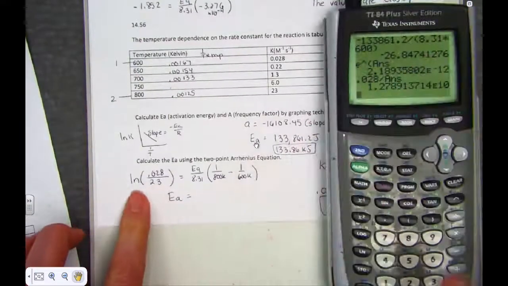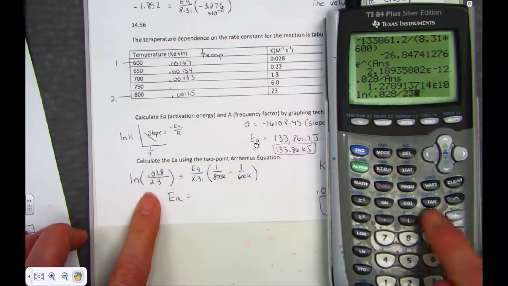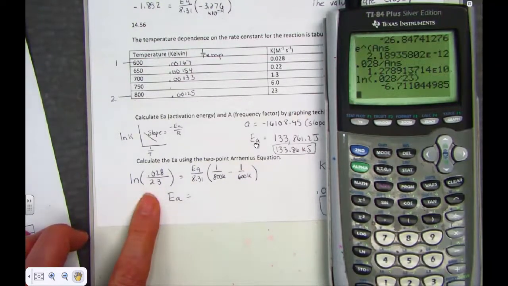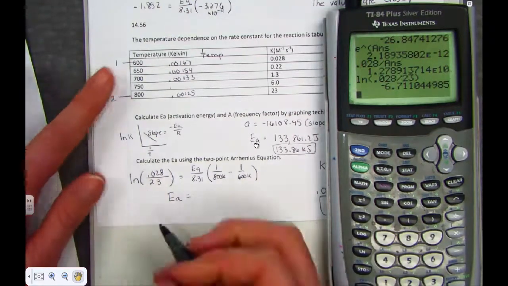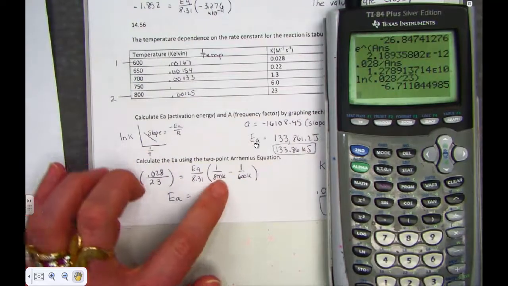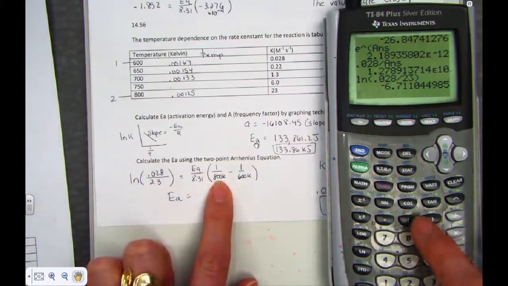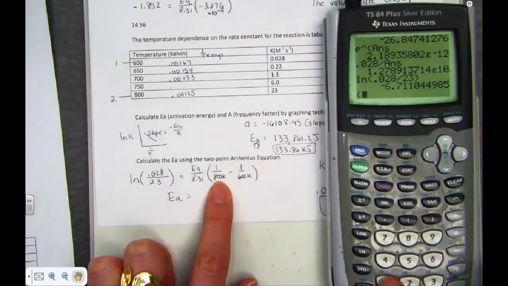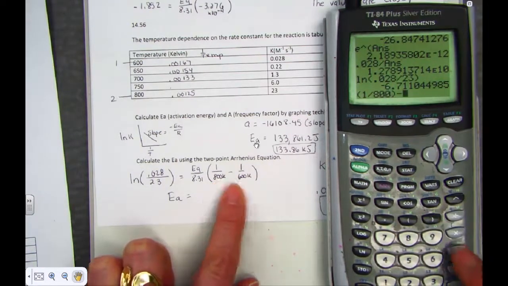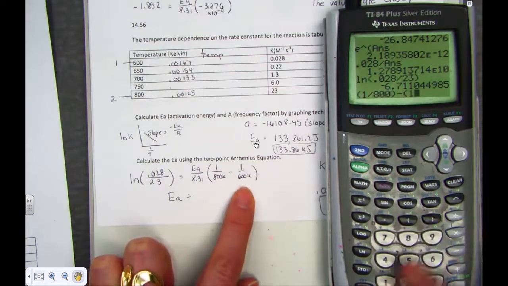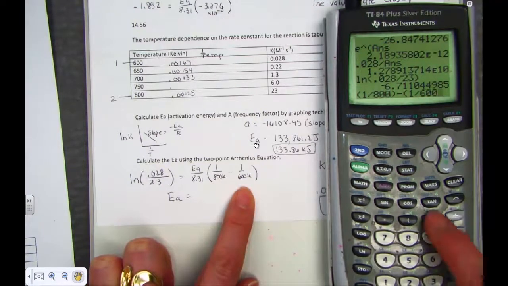Let's simplify the left side by taking the natural log of 0.028, dividing that out by 23. Did you get what I got? Negative 6.711. Let's now simplify what's in the parentheses here. 1 divided by 800 minus 1 divided by 600.